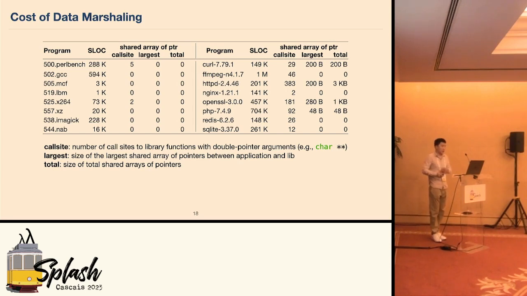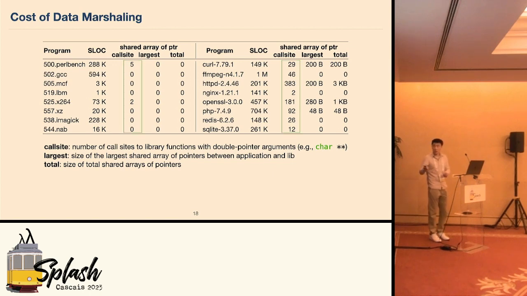We analyzed all 8 C programs from the 2017 SPEC benchmark suite, plus 8 large open source C programs. First, to answer the first question, we measured the number of calls to library functions that take double pointer type arguments. This roughly represents the number of call sites that require programmers' manual intervention.